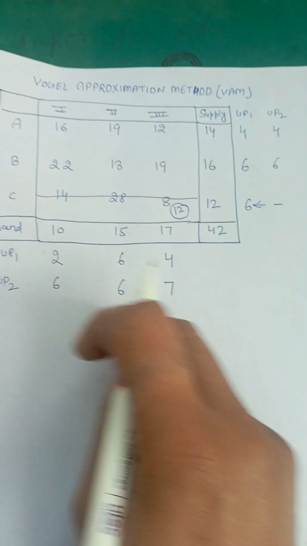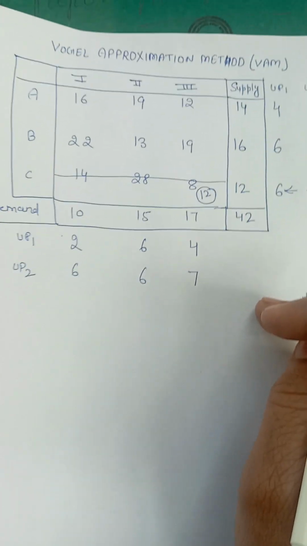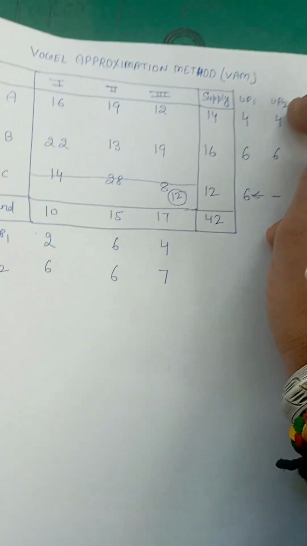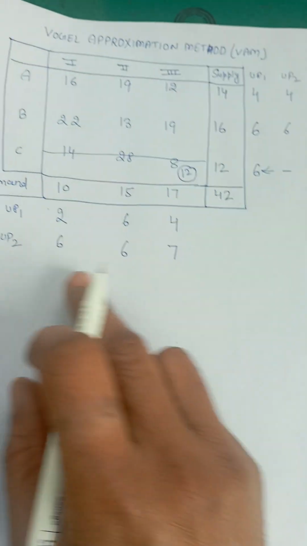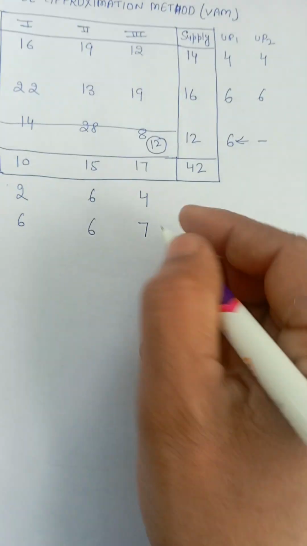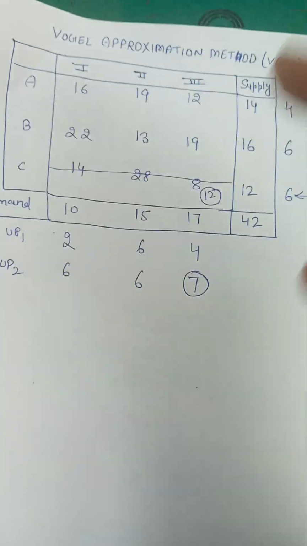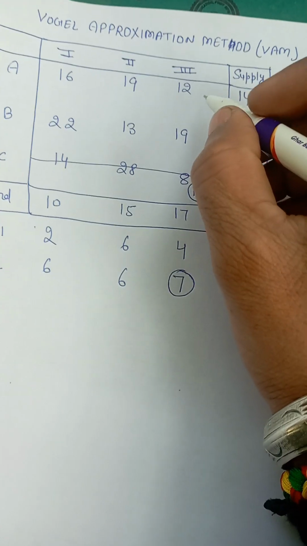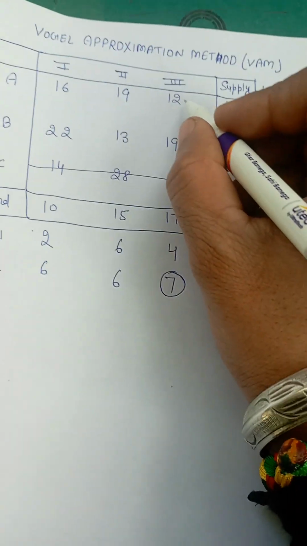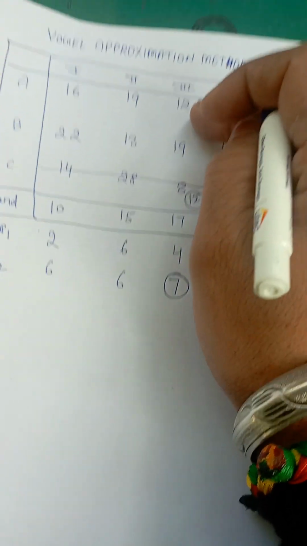Now we select the maximum unit penalty. When we check 4, 6, 6, 6, 7, the maximum unit penalty is 7. This is in front of the third column. Now we select the minimum cost element, that is 12.